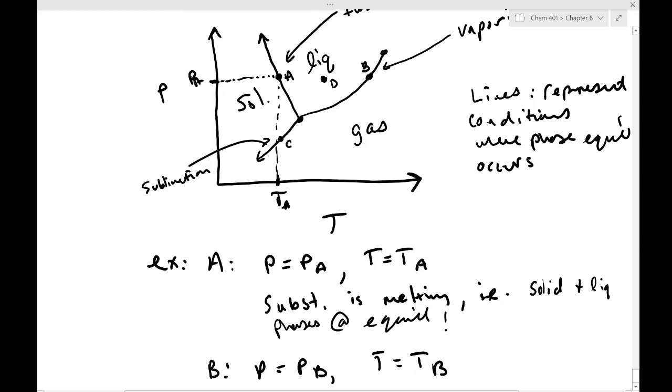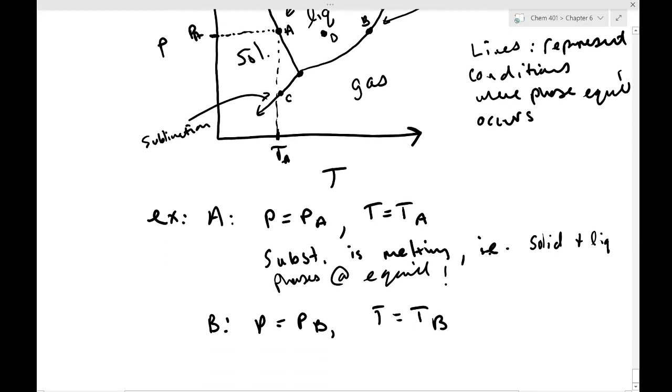Point B is on the vaporization line, so the substance is vaporizing. In this case, the liquid and the gas are at equilibrium.